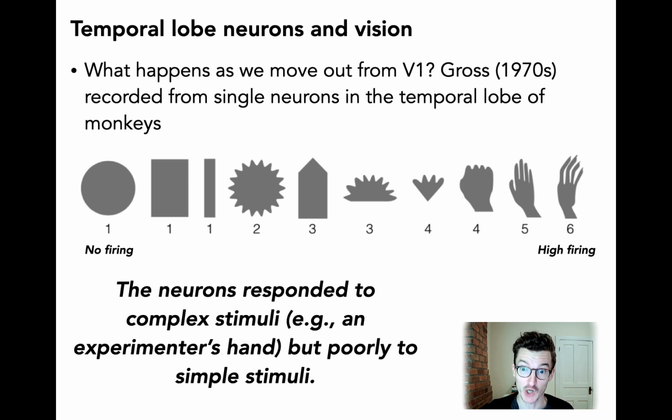They actually responded to complex objects. So these neurons weren't responding to shapes, but they were responding to complex objects like, for instance, a human hand. So it seems like as we move farther away from primary visual cortex, neurons that respond to visual information tend to respond to more complex, more complete visual signals.